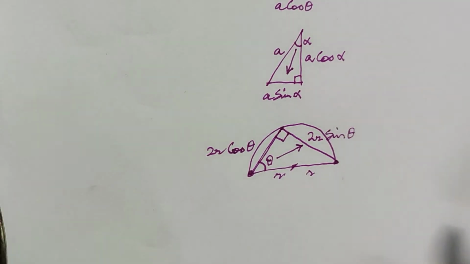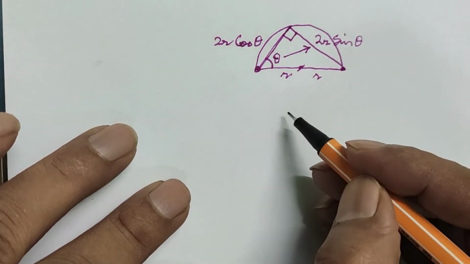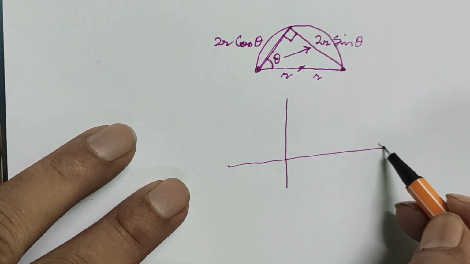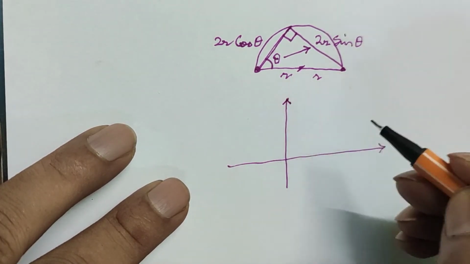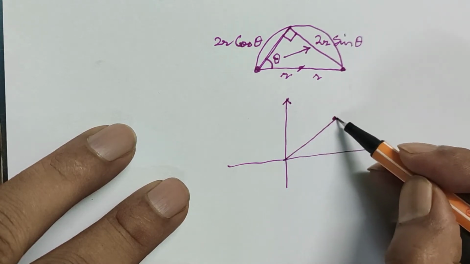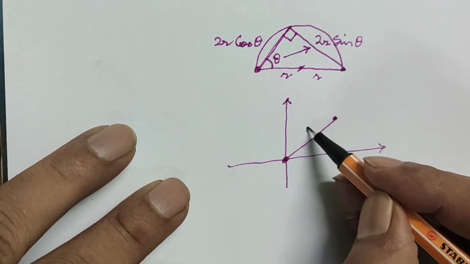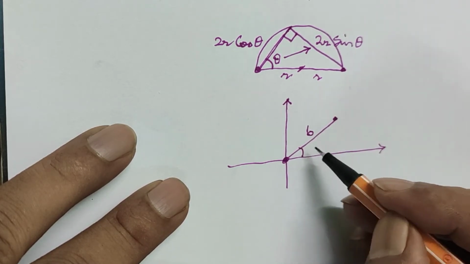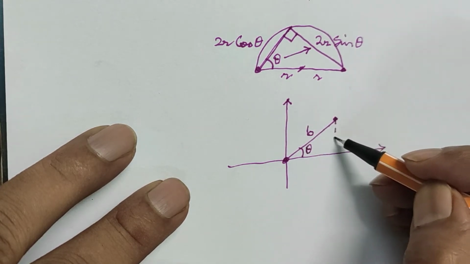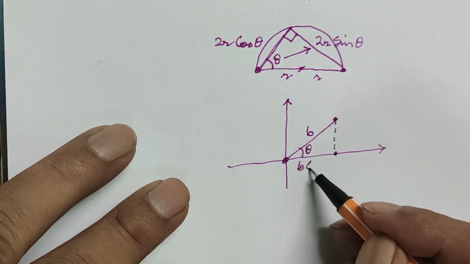There is another very useful application of this tool. Let's look at that in the coordinate axis. In the x and y coordinate, if I have any point and I know the length from the origin, let's say that is B, and I know this angle, and I simply drop a perpendicular here, we get B cos theta and B sin theta.